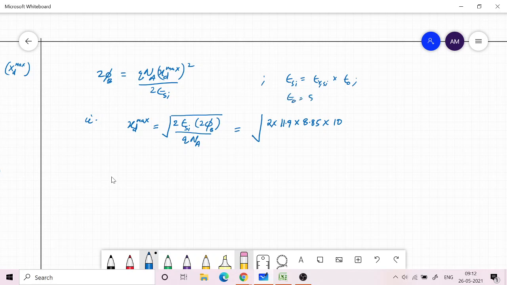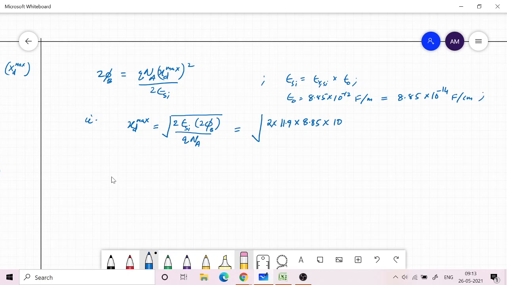Epsilon 0 is 8.85 into 10 raised to minus 12 farad per meter. But we are always specifying our length in centimeter, so this is equal to 8.85 into 10 raised to minus 14 farad per centimeter. So that's what we are going to use.